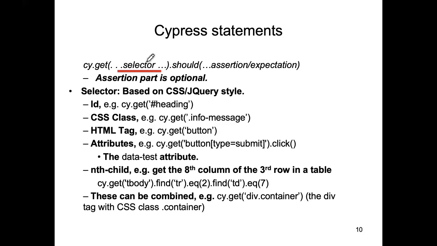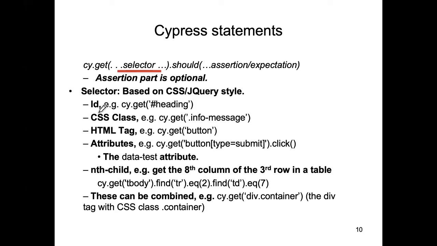There are a number of ways you can specify a selector. You can specify the ID of the DOM element. And we know that identifiers are going to be unique, so that would always return a single instance. So for example, here, I'm asking Cypress to find the DOM element that has the ID of heading.